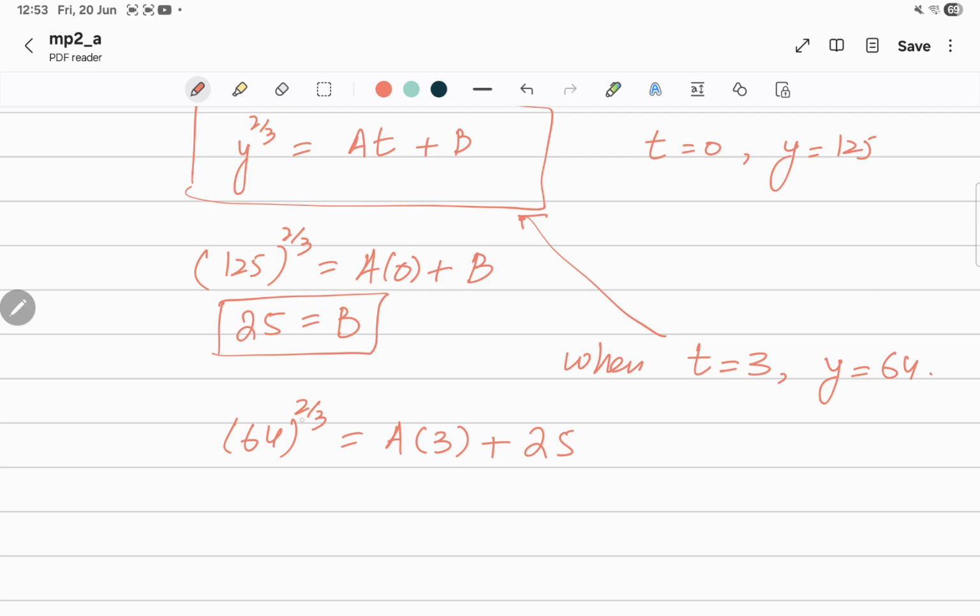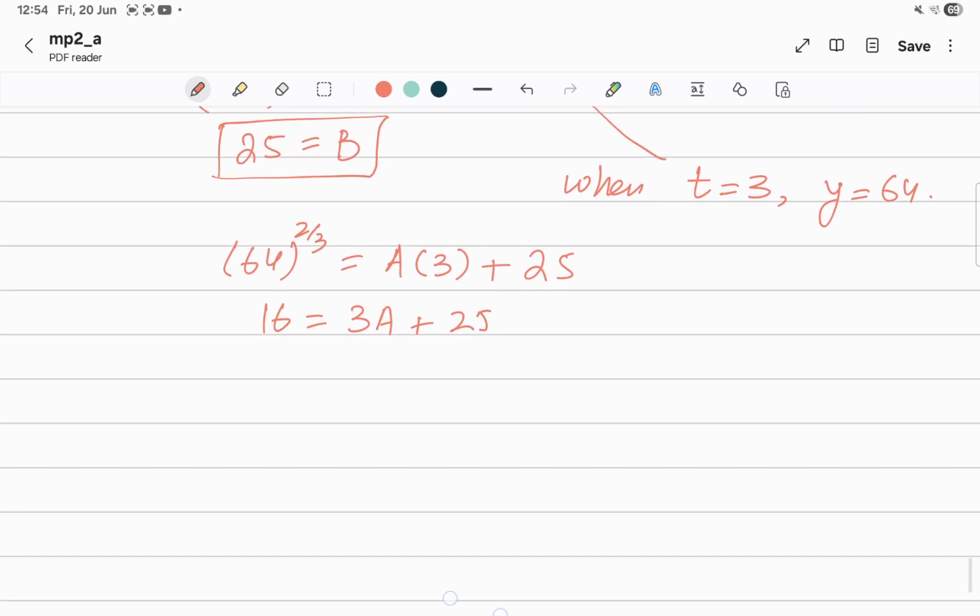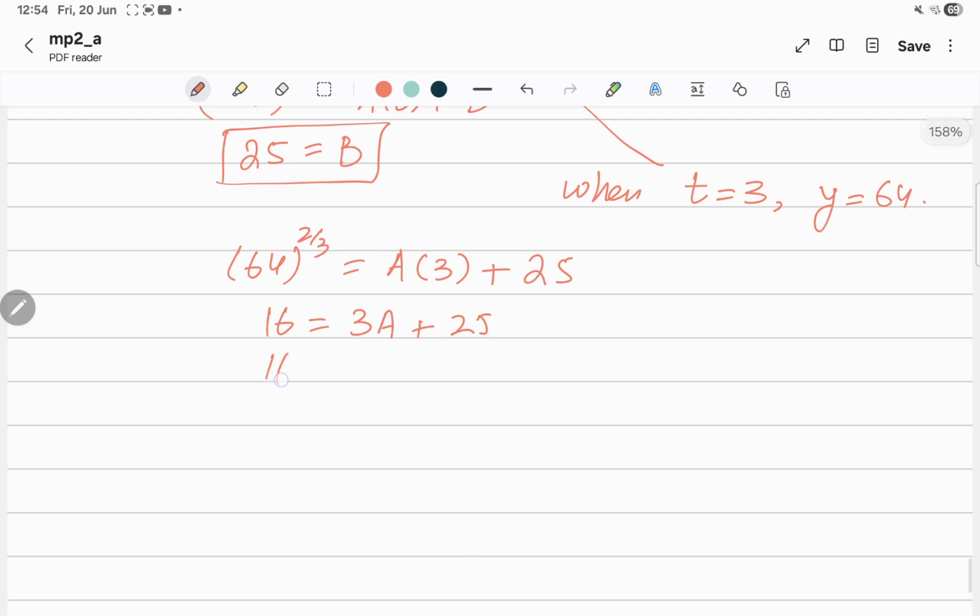If you apply the power 2 over 3 on 64, it will be 16, and 16 equals 3a plus 25. Then if you take 25 to the left, it will be 16 minus 25 equals 3a, and 16 minus 25 is minus 9 equals 3a. If you divide by 3 on both sides, a will be minus 3.